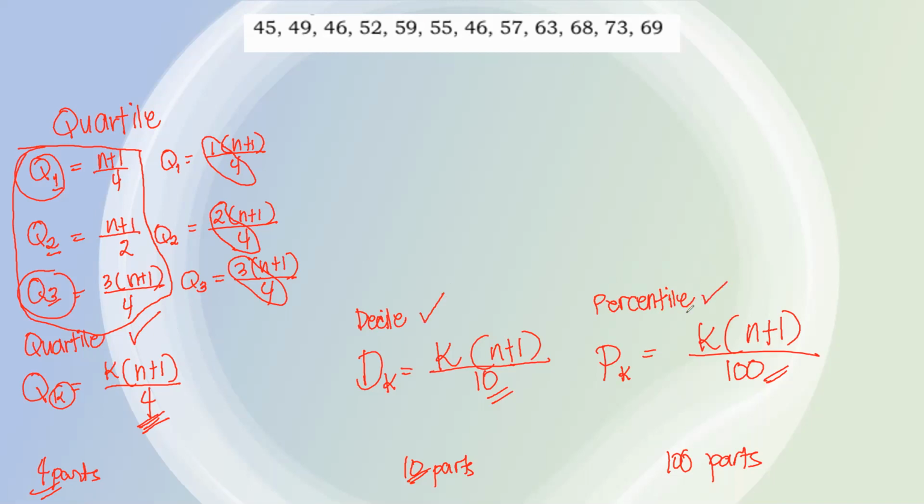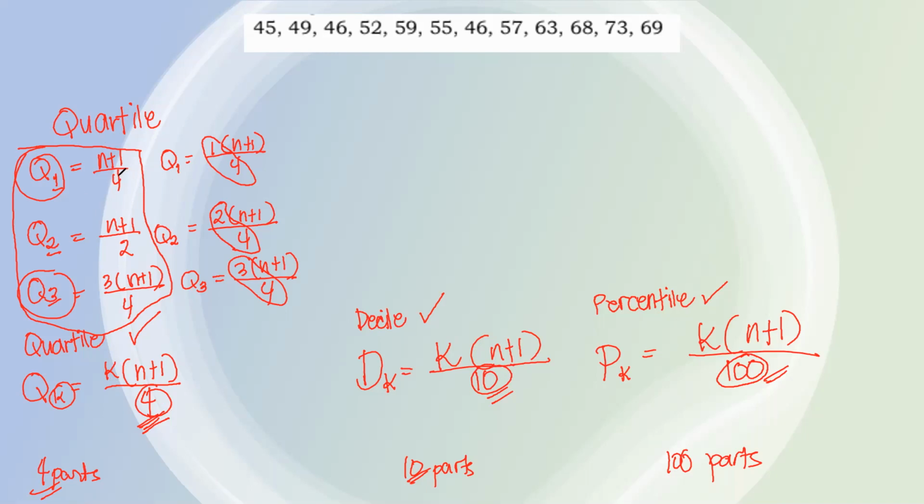Okay? So ang pinagkaiba lang po ng mga formula natin dito ay kung ilang parts mo sila i-divide. Okay? So kapag quartile po, divide natin siya sa 4. Kapag decile po, 10. Kapag percentile po, 100. And lahat yan merong case sa taas.